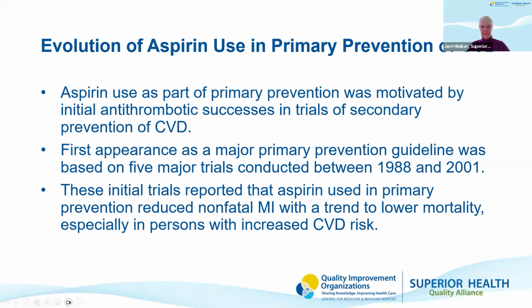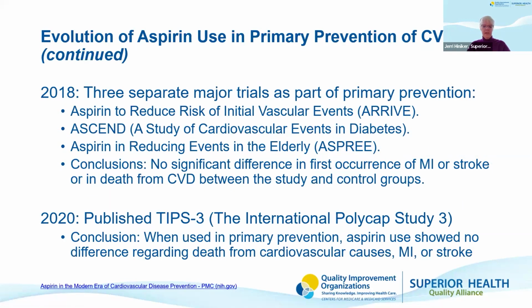Next slide, please. I'm continuing a little bit here on the evolution of the use of aspirin in primary prevention. We had those initial trials where, I think we all saw, everybody should take an aspirin.